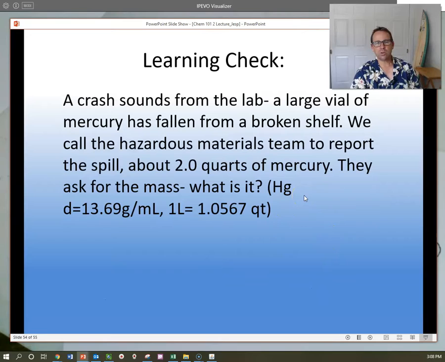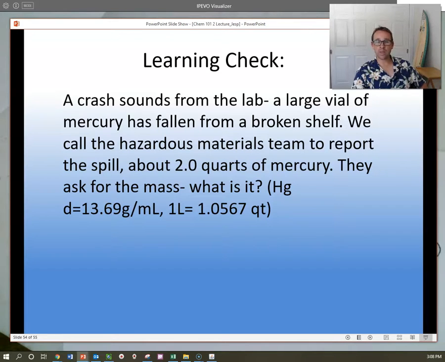So let's see if we can use the density as a conversion factor to answer this question. So there's a crash in the lab. A large vial of mercury falls onto the ground, and we call hazmat, and they want to know what mass of mercury is on the ground.